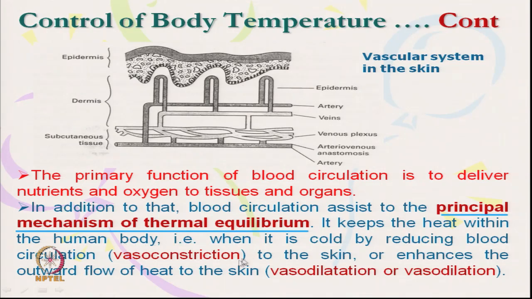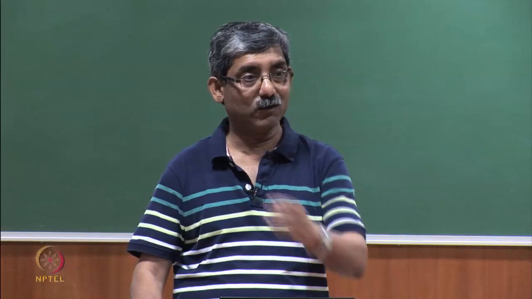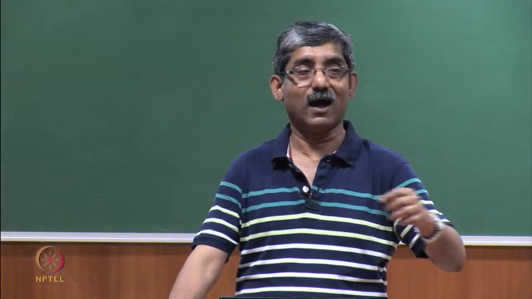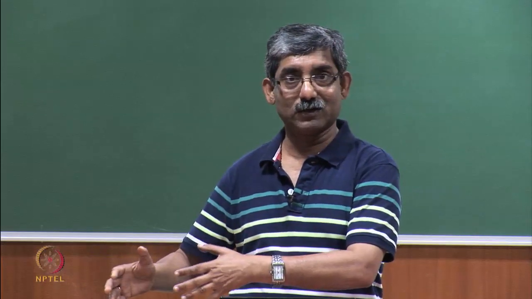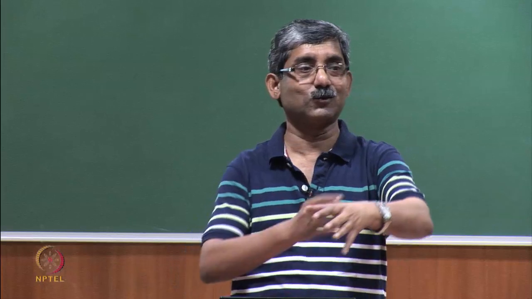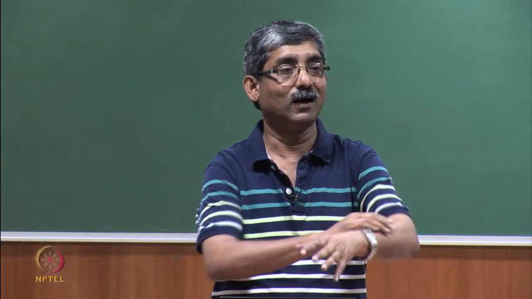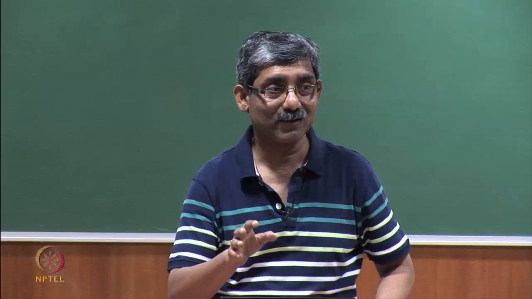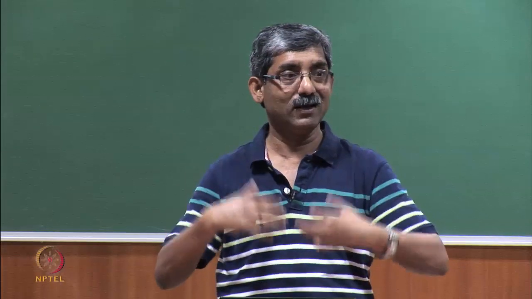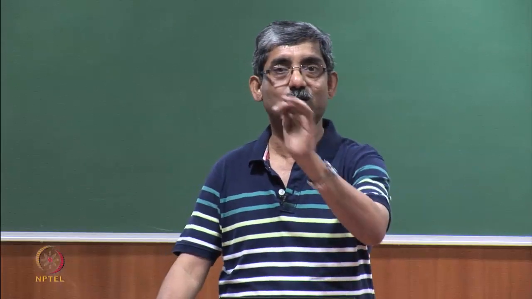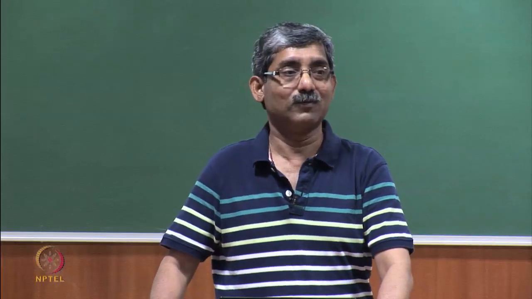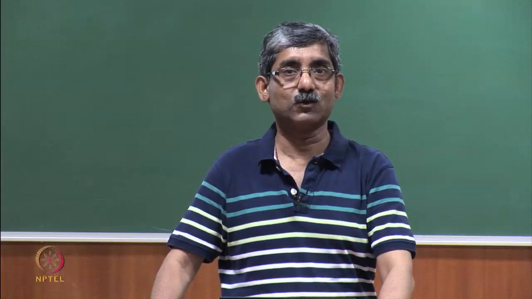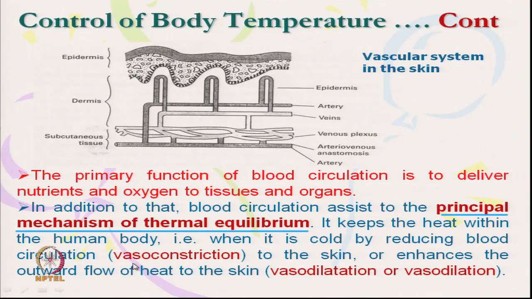If it is constricted, the blood flow will be reduced, and so the heat will not reach up to the skin at that rate, it will remain within our body. So, our body will remain warm. This phenomenon is known as vasoconstriction.